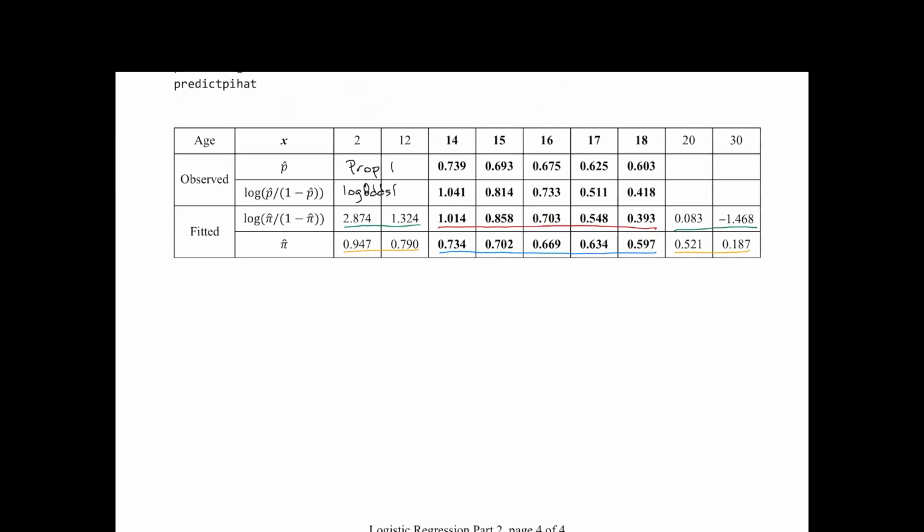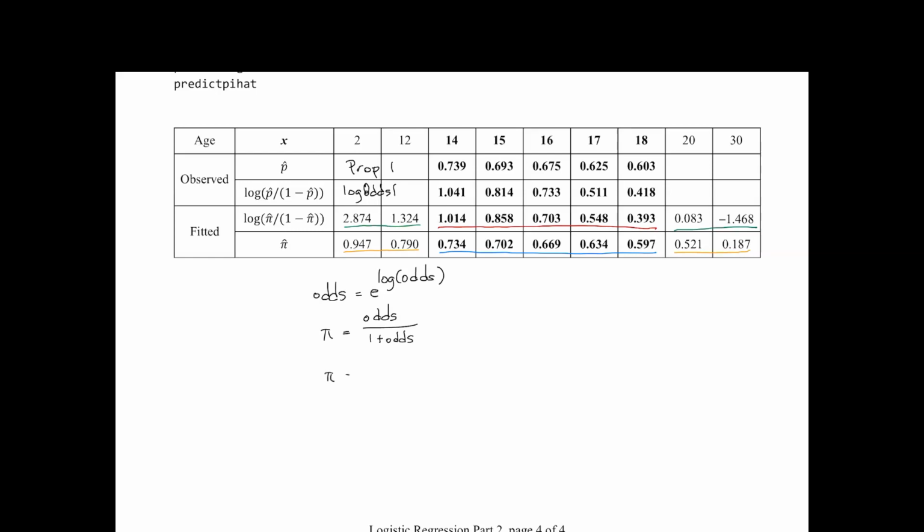Okay, so just by way of reminder, we can go back and forth, right? So we know that the odds we can get by taking e to the log odds. So we're exponentiating those log odds. And then based on our work earlier, when we want to go from odds to probability, we know that probability is odds over 1 plus odds. And again, we went over that in the previous video.